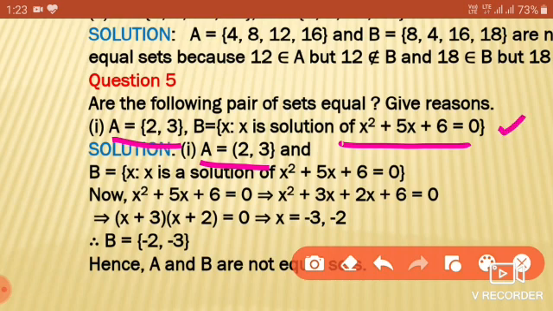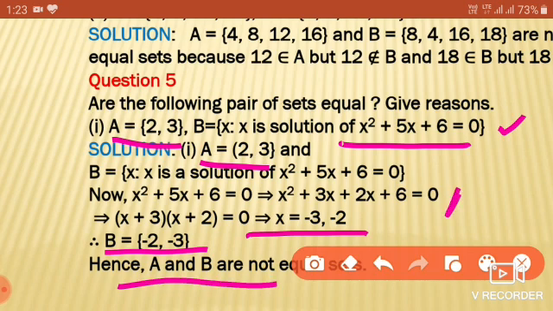We all have learned how to solve a quadratic equation. So, solve this equation x square plus 5x plus 6 equal to 0. When solving, we will get x equal to minus 3, minus 2. So, the set of all elements in B is {minus 2, minus 3}. So, A is {2, 3}, B is {minus 2, minus 3}. So, you can say that A is not equal to B.